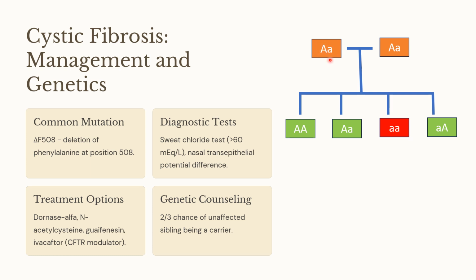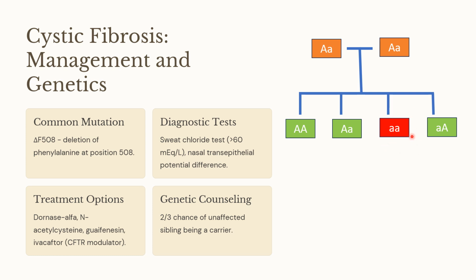So they are carriers, Aa and Aa, so they look phenotypically normal. To develop this disease, a person must inherit two defective or mutated alleles, that is the aa, one from each parent. So the chance that the child will be affected is 25%.